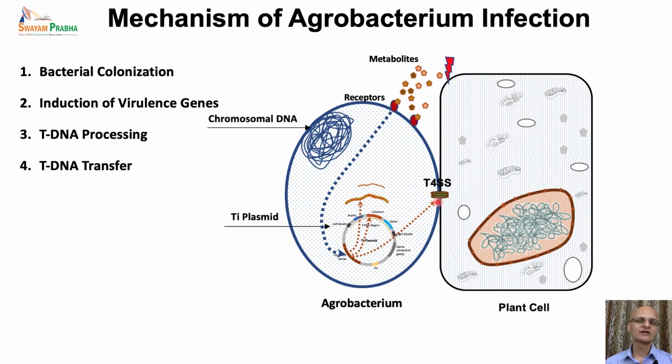Now this packaged tDNA is recruited or directed to the transfer apparatus, that is this communication channel on the membrane, and some of the proteins encoded from the virulence region perform this transfer process too. The tDNA passes through this pore and reaches the cytoplasm of the plant cell.